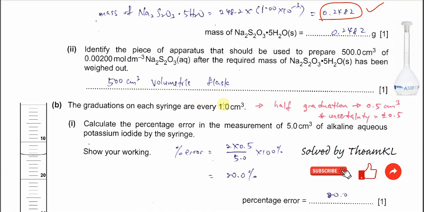And of course you need to mention the volume as well, so a 500 cm3 volumetric flask. Try not to mention conical flask, which we normally use for titration. Try not to use a measuring cylinder, because the titration needs to be very accurate, and the concentration of the sodium thiosulfate is very important. So the volumetric flask is the one that we must use.